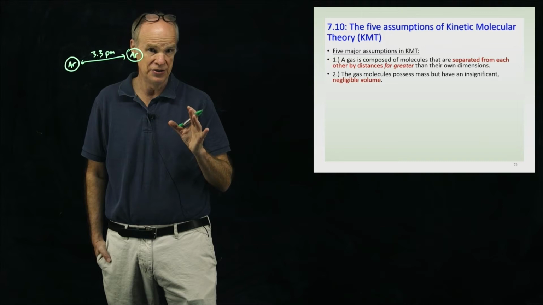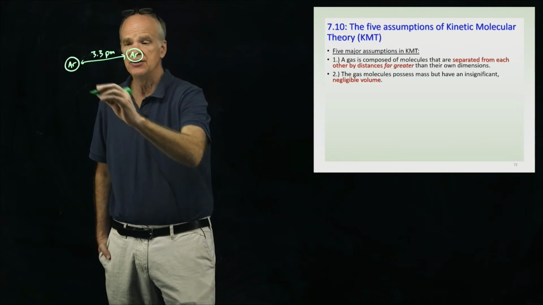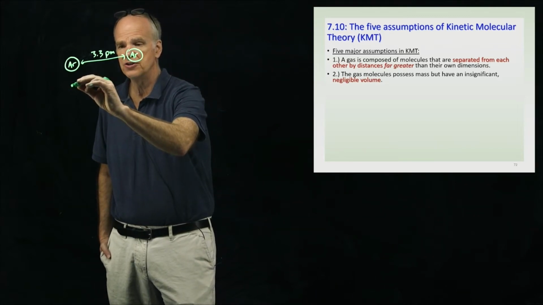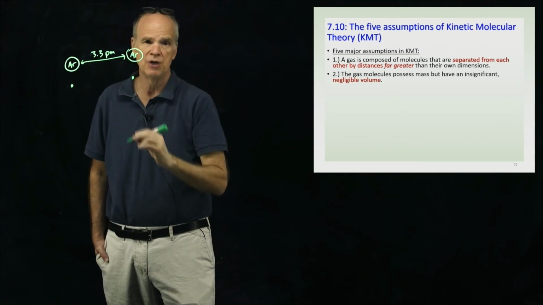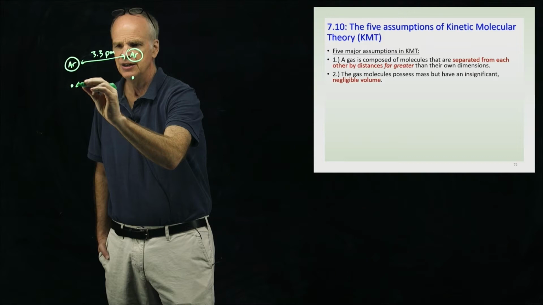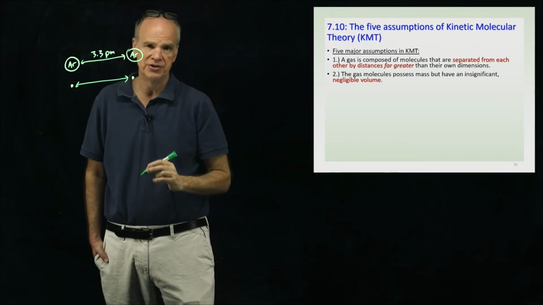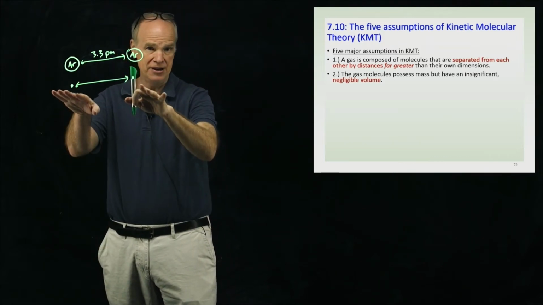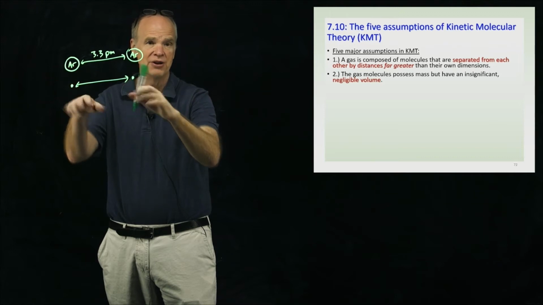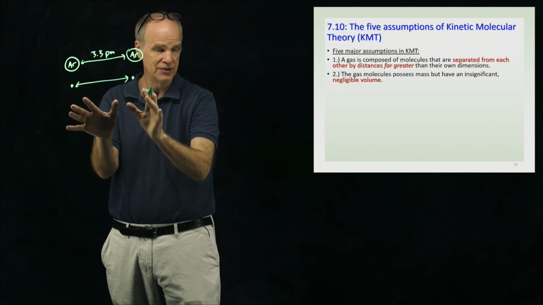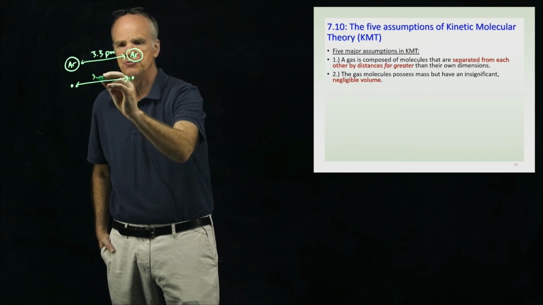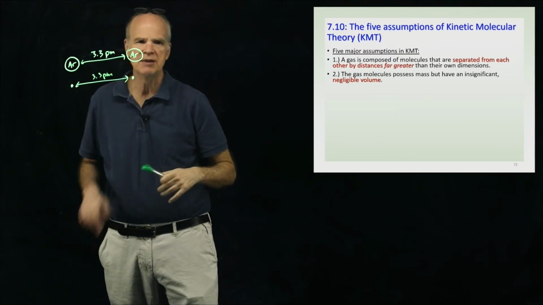So one way you can think about it is that instead of having actual molecules with space, in kinetic molecular theory, we can think of these molecules as points. And so here are the argon atoms again, and these atoms have mass just like before, but now they have a very negligible volume. Again, we can think of the volume as points, but the distance between the atoms would be the same.